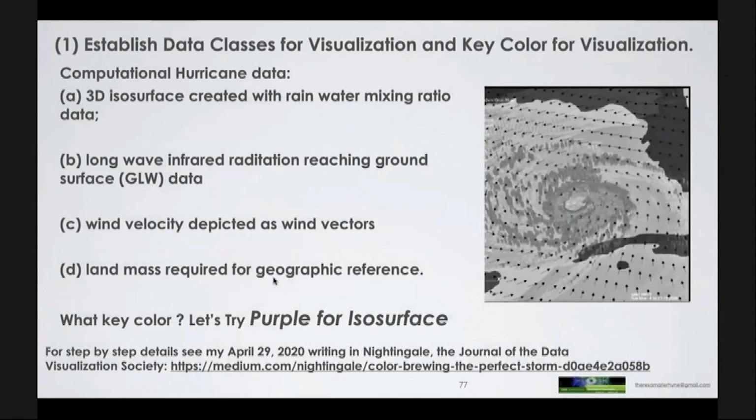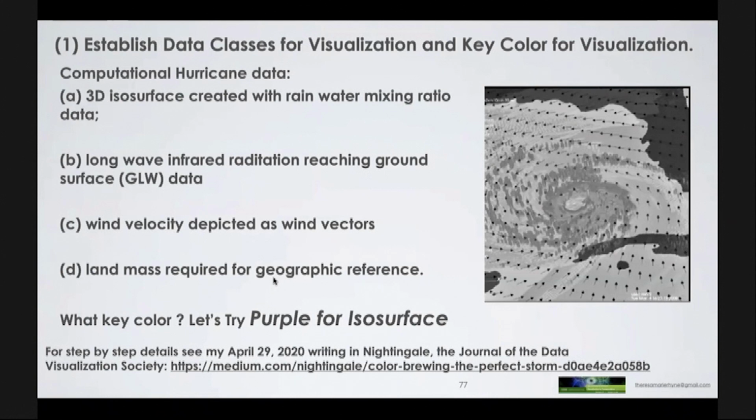So here they've told me what their particular data looks like in black and white. I've got a 3D isosurface created with rainwater. I've got some infrared radiation data, and I've got to have wind velocity over top of my visualization. So I decide that for A and B, I'm going to create the 3D isosurface by making it purple. And I'm going to force the data.